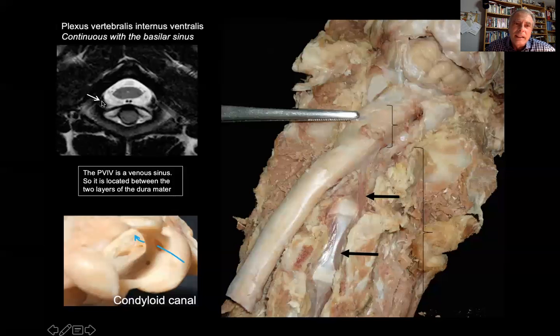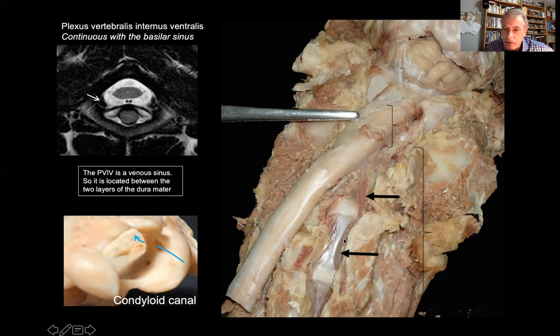And then you see these structures here, this is the basilar sinus. And the basilar sinus runs in the condyloid canal. Sorry, this is one condylus, this is the foramen magnum, right? We see the foramen magnum caudally, okay? It's a caudal view. So what is going to happen?